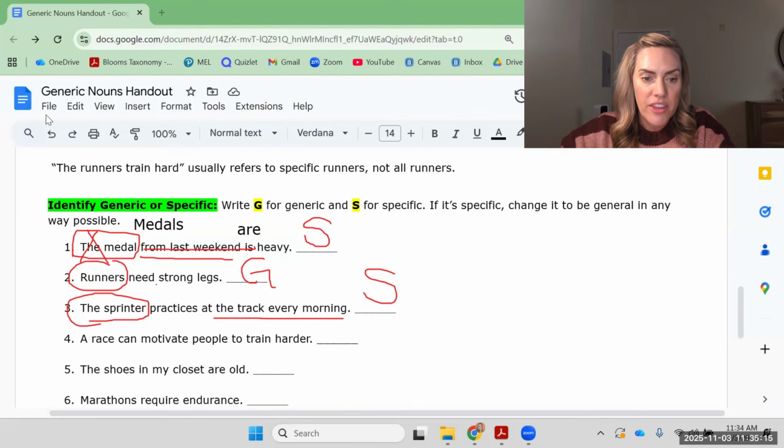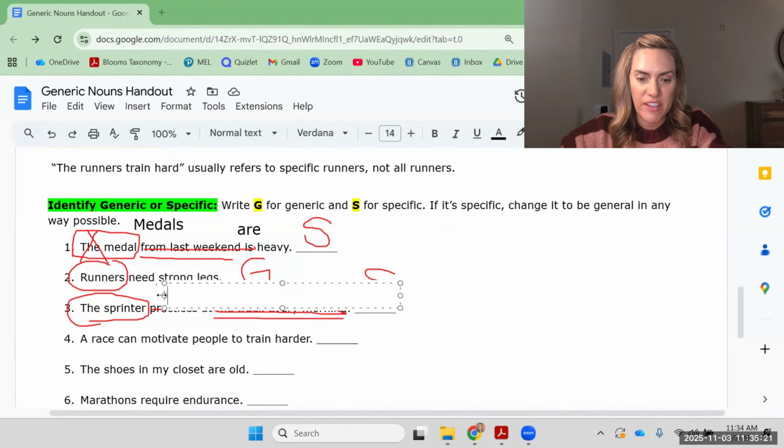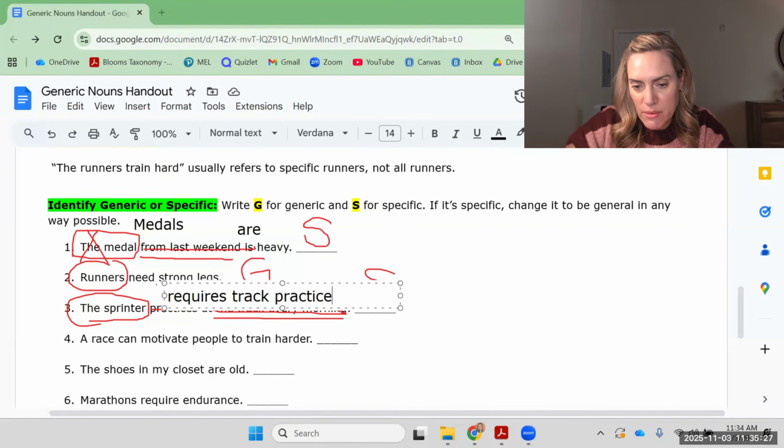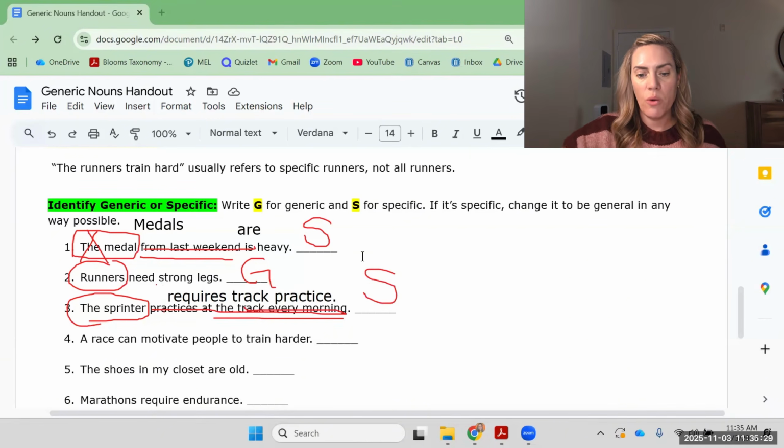And then I'm going to change all this and make it less specific. The sprinter requires track practice, something like that. The sprinter requires track practice. All sprinters.